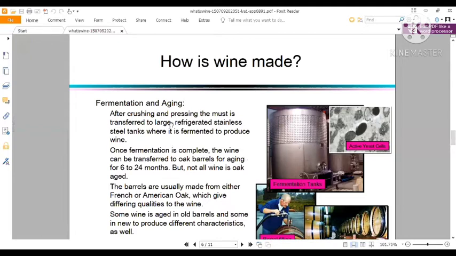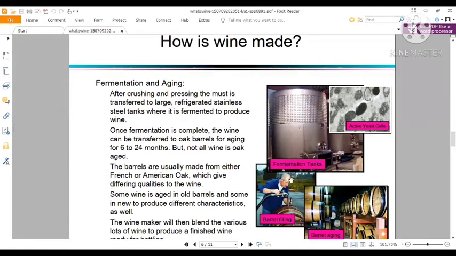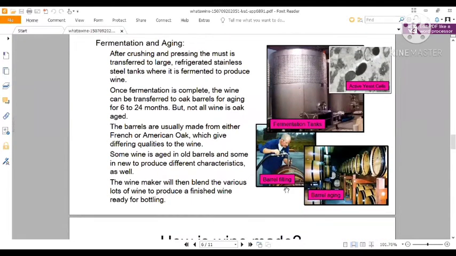Okay, as you can see here, this is the fermentation tank, and this is the active yeast cells, barrel filling, and the barrel aging. So once the fermentation is complete, the wine can be transferred to oak barrels for aging for 6 to 24 months, but not all wine is oak aged. The barrels are usually made from either French or American oak, which gives different qualities to the wines.